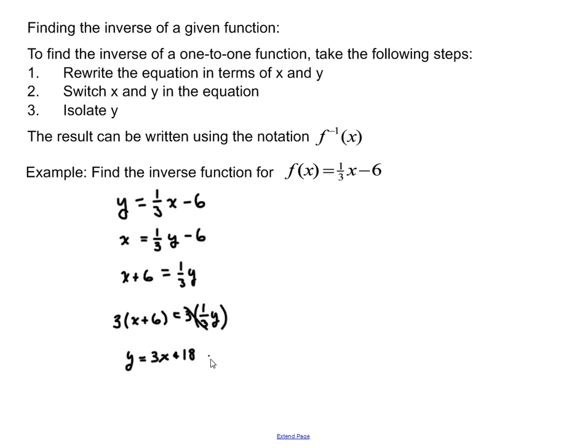So using our appropriate notation, we're going to say that the inverse function, f inverse of x, is equal to 3x plus 18 in this particular case. Very simple process. Let's try another one.